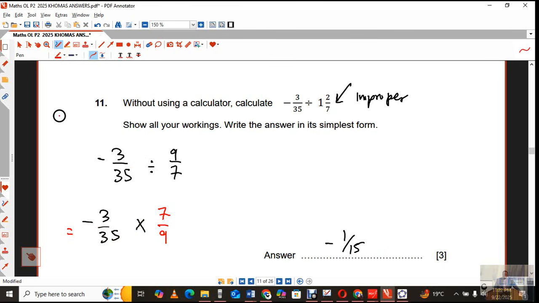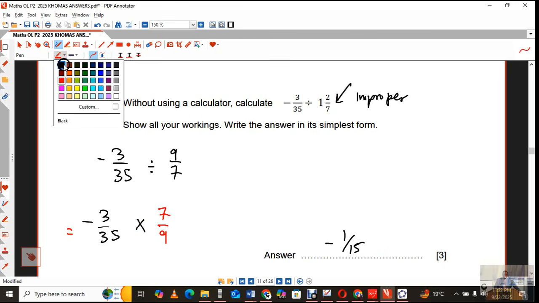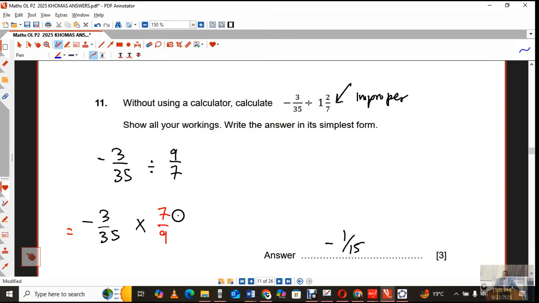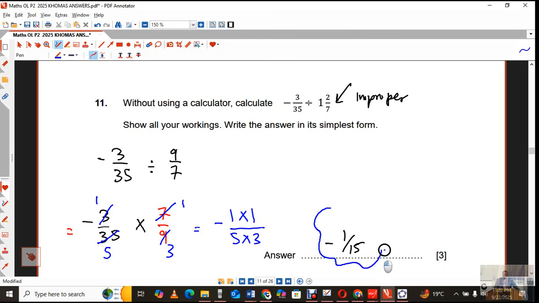Before you multiply straight up, maybe you can take out common factors. 7 goes here once, 7 goes here 5 times, 3 goes here once, and 3 goes here 5 times. So what you have now is 1 over 5 times 3. Surely you will agree that 1 times 1 is 1, 5 times 3 is 15. Of course, that negative is still there.